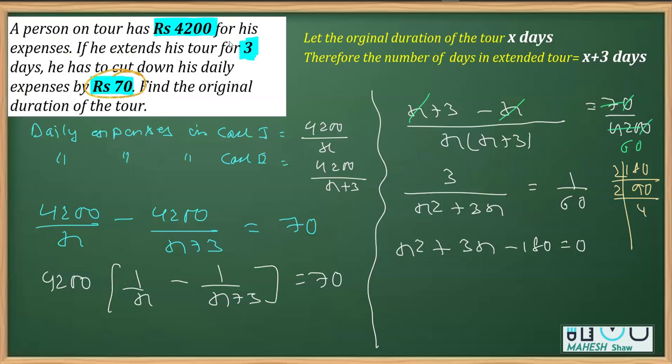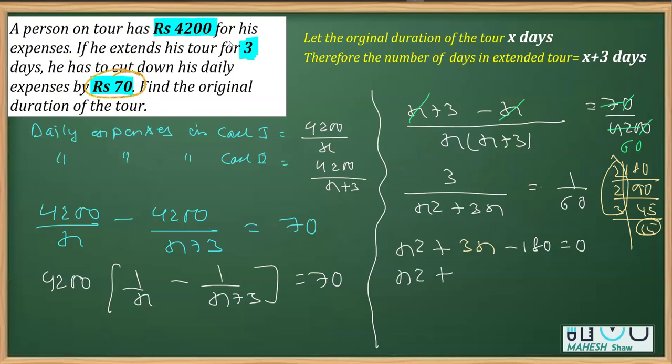With 2 again, it is 45. With 3, we have to obtain 3 in them, that's what we have to keep in mind. That is 15. You can see this is 12 and this is 15. So I can split this 3X as 15X minus 12X. So that's what I'll do.